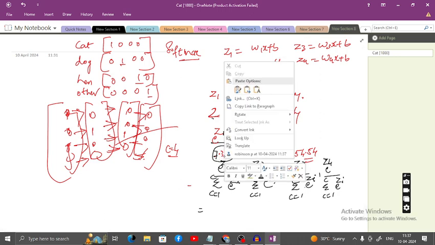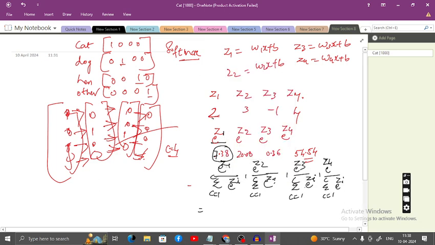I arbitrarily assumed this to help you understand the intuition behind how the softmax function works. So 7.38 is divided by the summation of e to the power of zi.